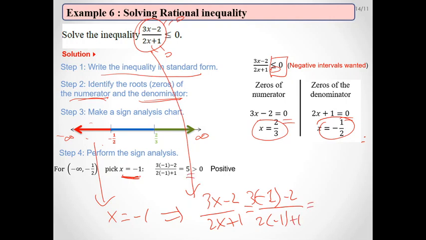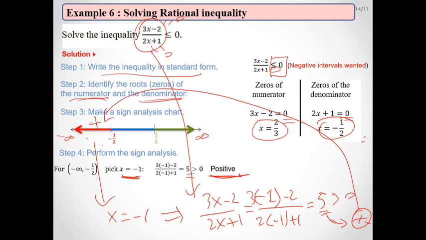What do you get? It's 5. So 5 means bigger than 0, positive. So you put positive for this interval.